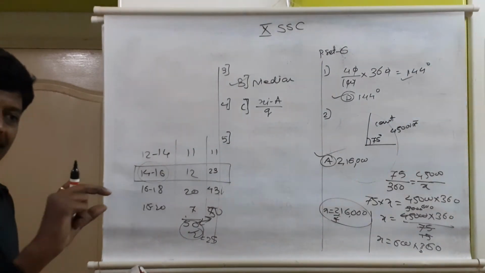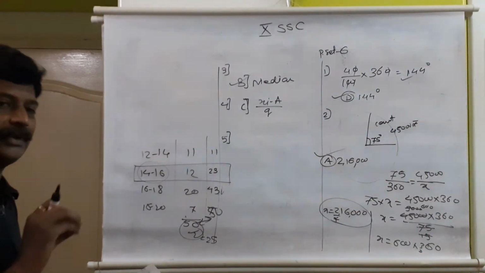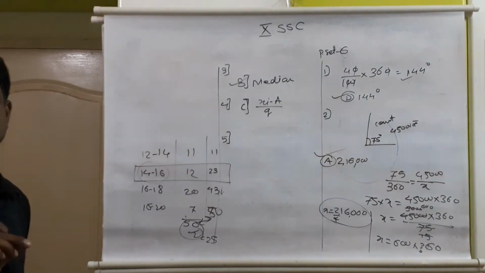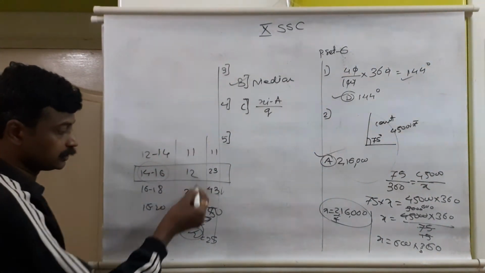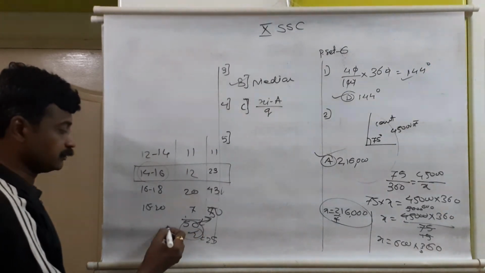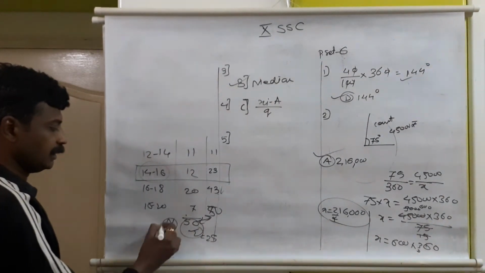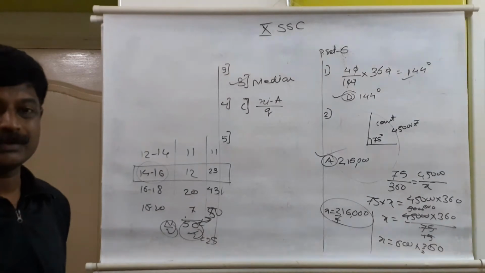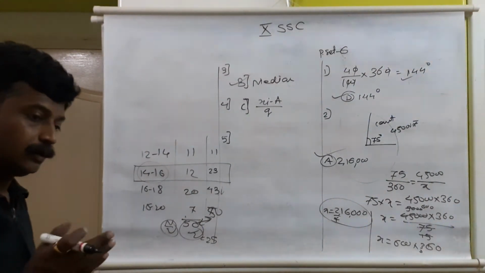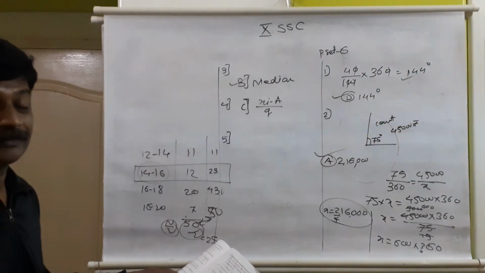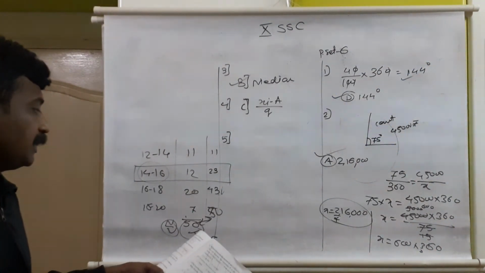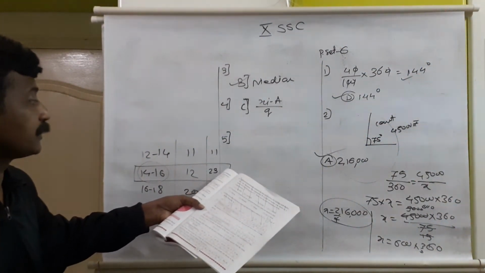The median class tells us in which class the median is going to fit. If we consider the total of frequencies, 50, and divide it by 2, capital N by 2 is 25. We have to check the first smaller cumulative frequency compared to N by 2. N by 2 is 25, and the first smaller cumulative frequency is 23.